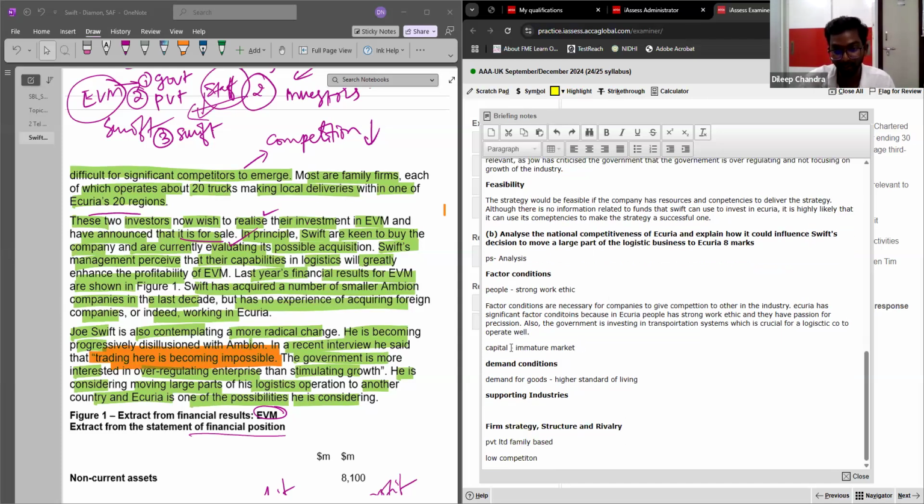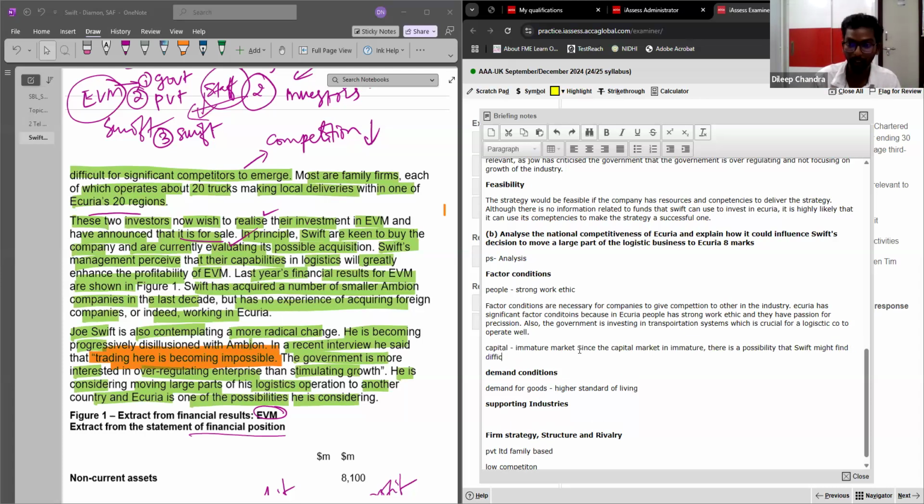But the thing is, we have an issue with capital, right? Since the capital market is immature, there is a possibility that Swift might find difficulty in arranging funds.